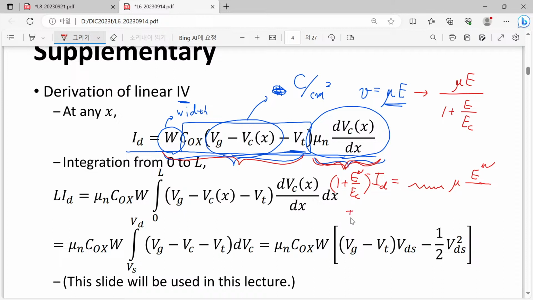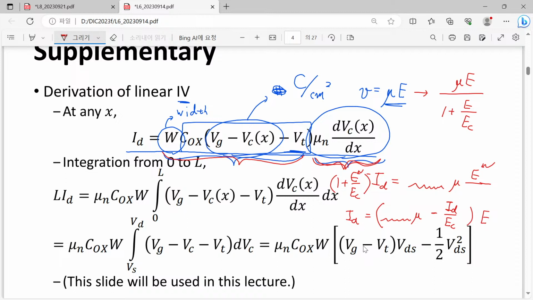Then ID equals something, which means all kinds of this complicated stuff, and mu, not plus, minus, E is the form of our ID.